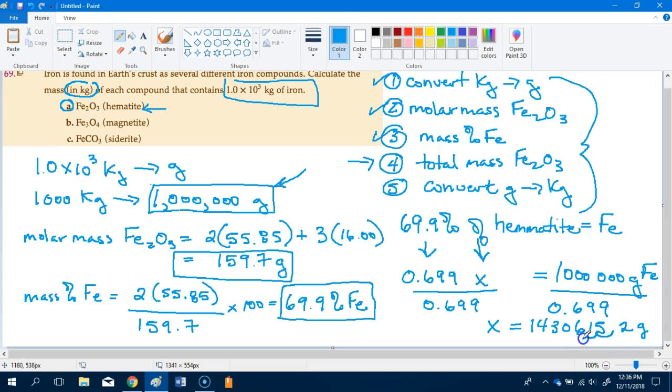So I'm just going to move my decimal over 3 places, which is the same as dividing by 1,000, and I get 1,430.6 kilograms of hematite is my answer. And that's the last part here, this conversion from grams to kilograms. So again, I'll have 1,430.6 kilograms as my answer to this question.